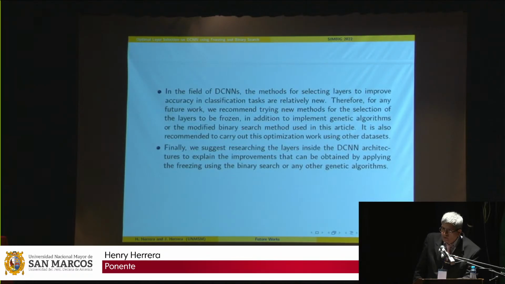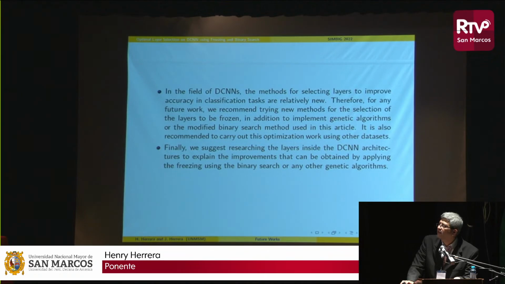And finally, for future works, remember, this work starts from the research on improving the accuracy of pre-trained DCNN using genetic algorithms. The work is recent, presented in September of 2020.